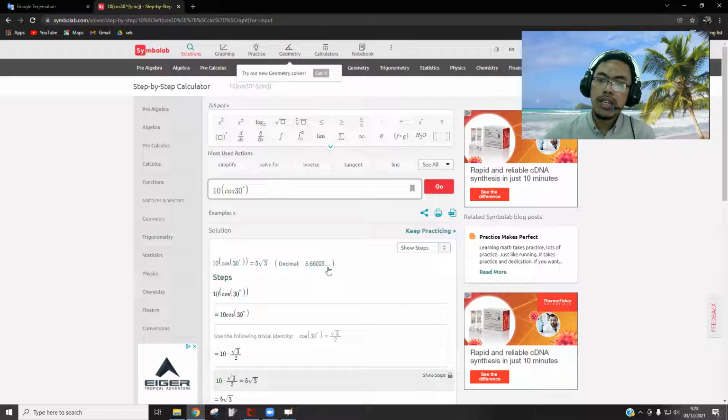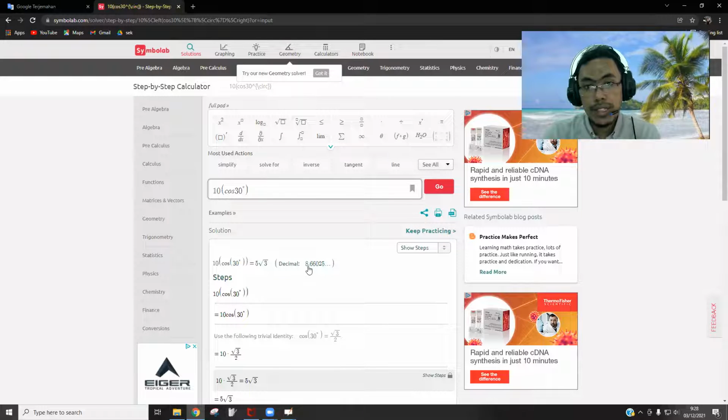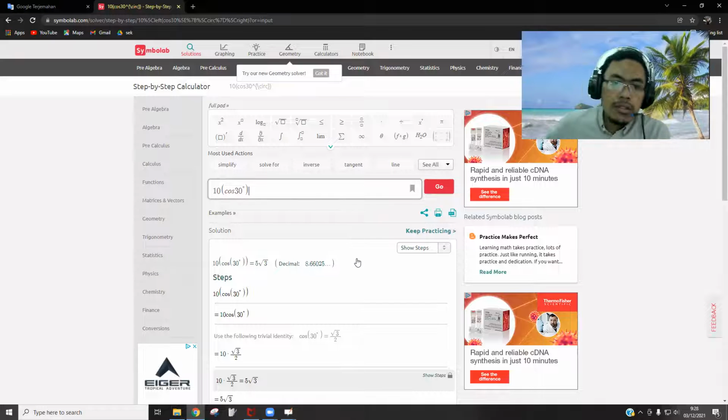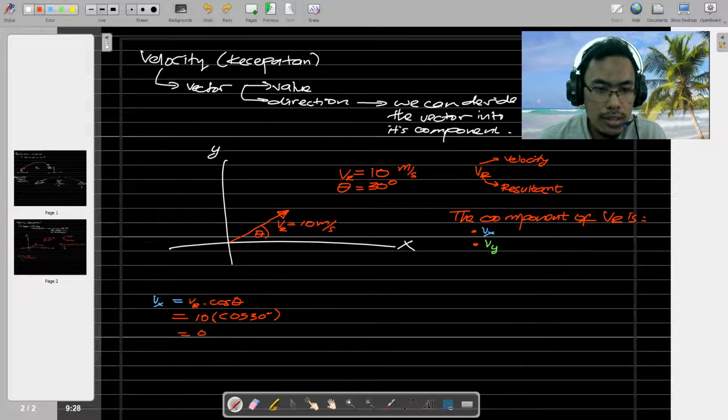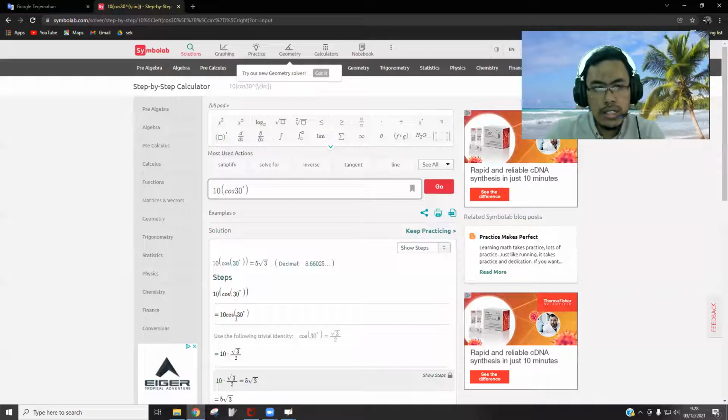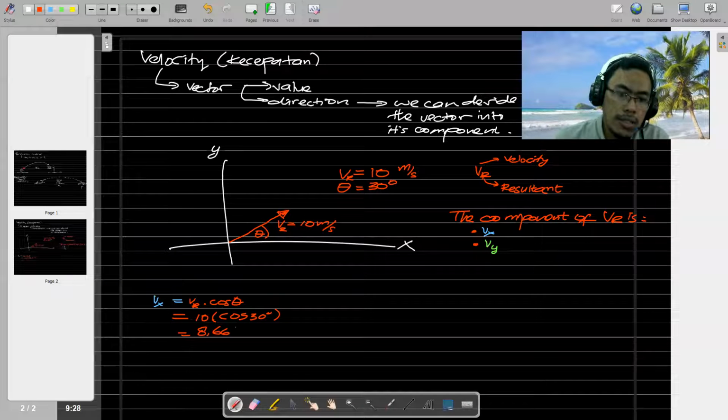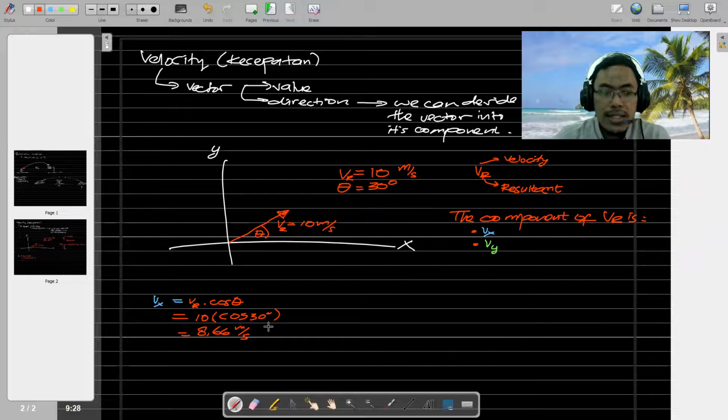For me, I prefer the decimal answer, 8.66 meter per second. So 8.66 meter per second is the value of the x component of v resultant.